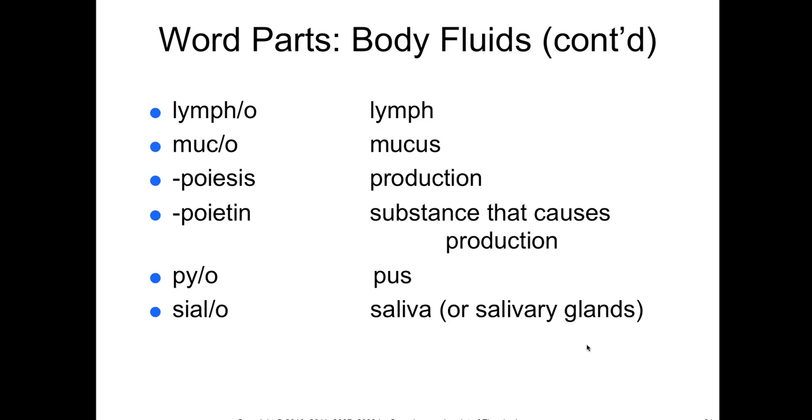So erythro meant red, right? So erythropoietin is a hormone that causes production of red blood cells. Next we have pyo, which means pus. We've had that before. And sialo, which means saliva or salivary glands, and we've had that before as well.